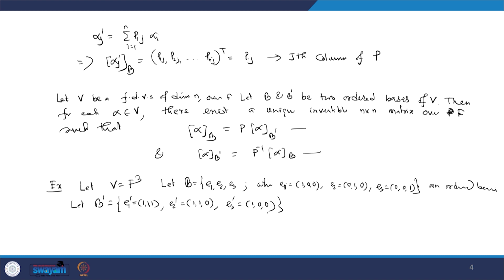One can immediately check this B prime is a basis for the space F^3 also, because in the linear combination C1 E1 prime plus C2 E2 prime plus C3 E3 prime equal to 0, for any C1, C2, C3, you will see that C1 equal to 0, C2 equal to 0 and C3 equal to 0 is the only solution. And that can also be trivially obtained because the coefficient matrix will be an invertible matrix, please, we can check it.